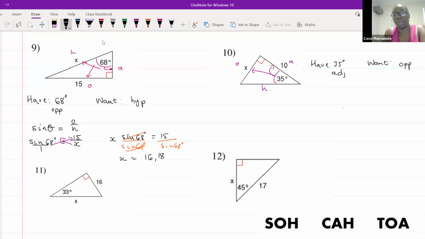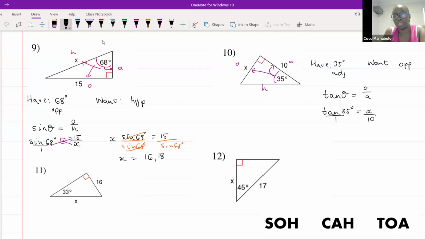When I write my equation, what am I using? Good, I'm using tan. So my equation must go tan theta is equal to opposite over adjacent. It's the TOA, O over A. So tan of 35 degrees is equal to opposite, which is x, over adjacent, which is 10.